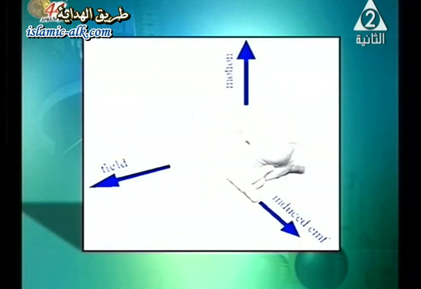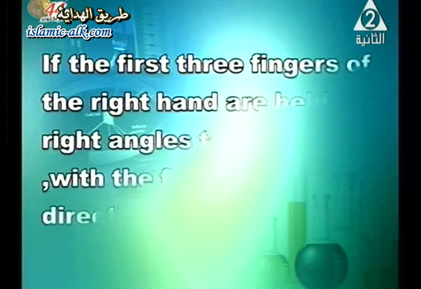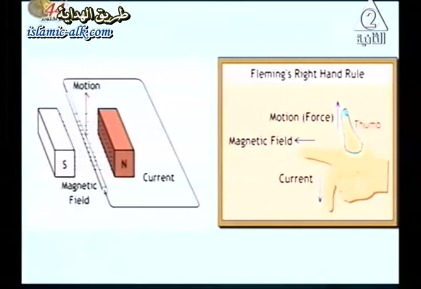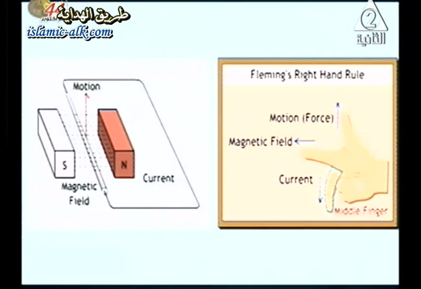Fleming's right-hand rule. What about it? It states that if the first three fingers of the right hand are held at right angles to each other, with the forefinger in the direction of the field, the thumb points in the direction of motion.